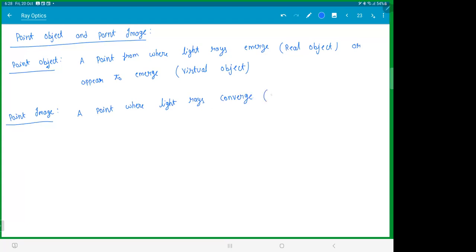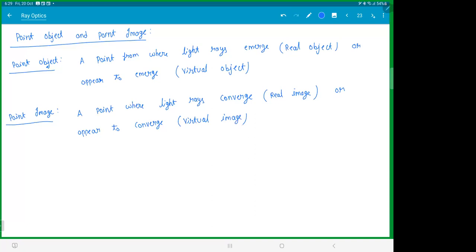If the light rays actually converge, it's called a real image. Or appear to converge, it is a virtual image. This idea is important.